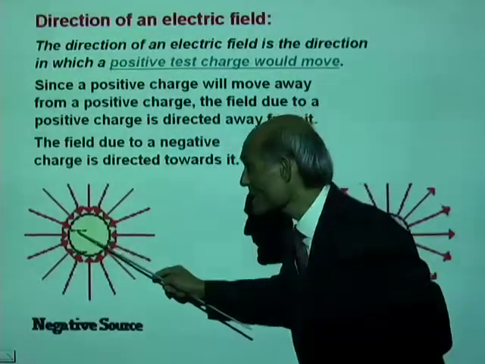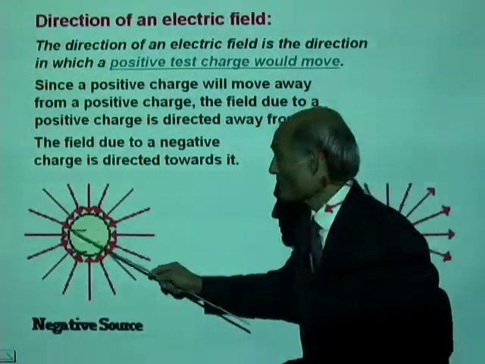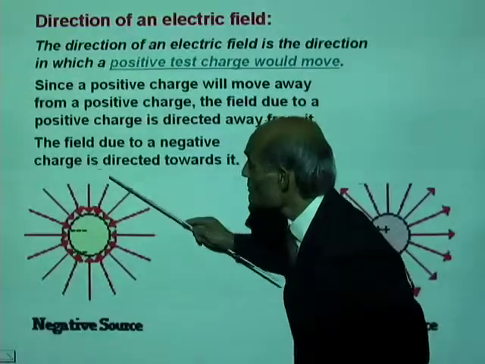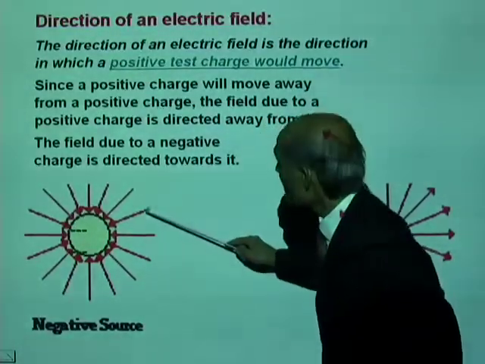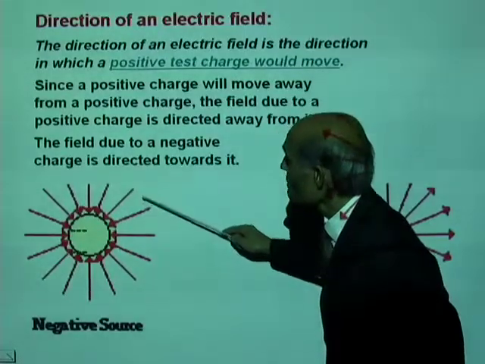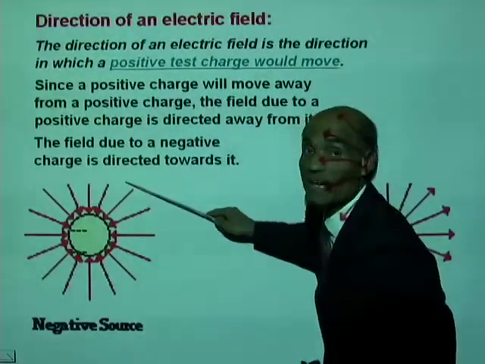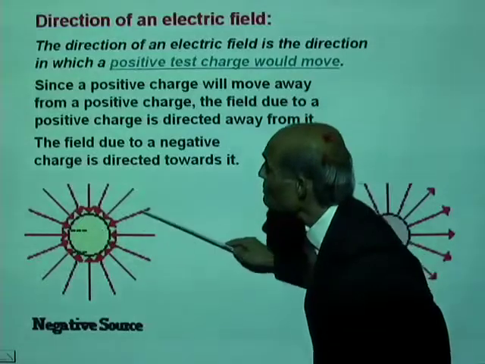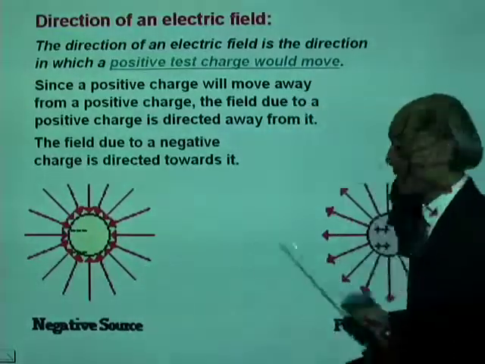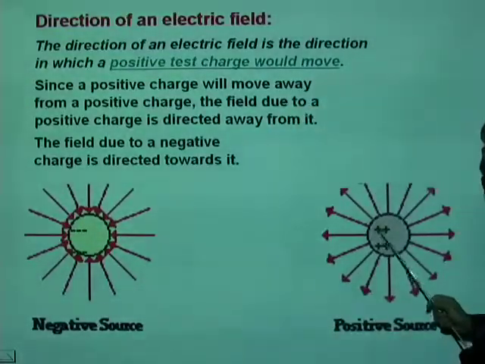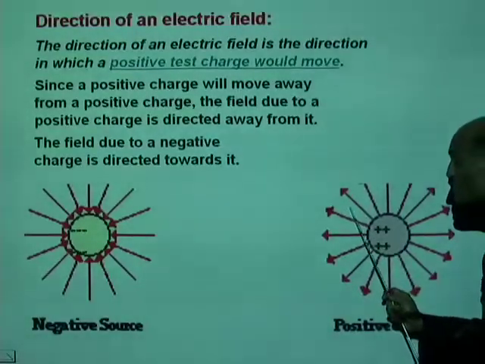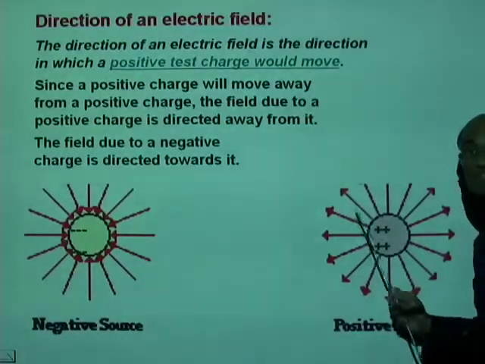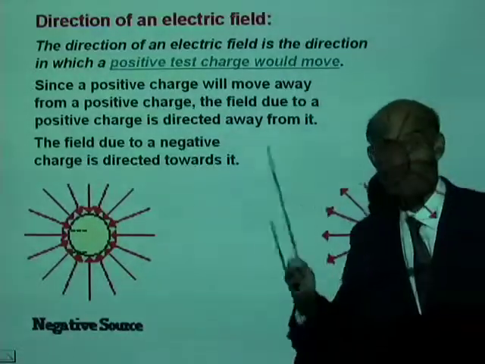Well, this is a negative charge. The field due to a negative charge is all directed towards it. In other words, if I place a positive test charge anywhere here, it will move towards that negative charge. Whereas, look at the field due to a positive charge. If I place a unit test charge, a test charge is always positive.